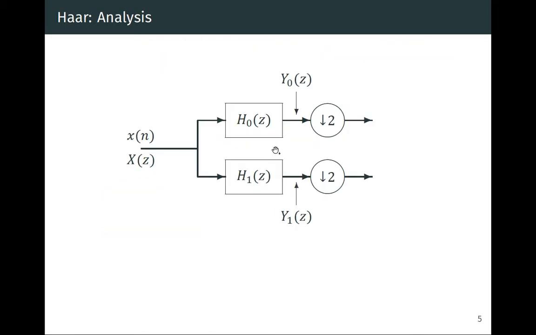So this is the heart of the building block of what's to come. You have on the left your signal x[n], that's the digital version, and the z transform will be X(z). That comes into these two filters, H0 and H1. Remember, H0 is this average, so a low pass filter, and H1 is the high pass filter.